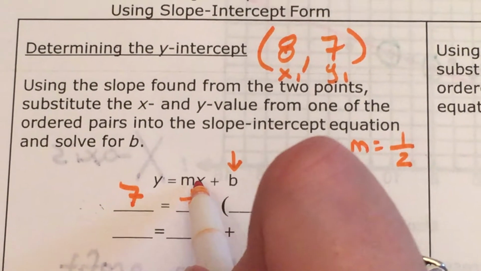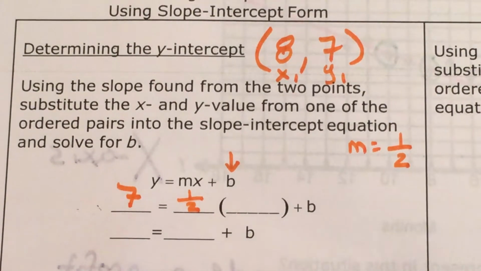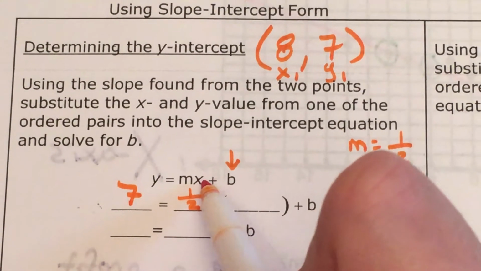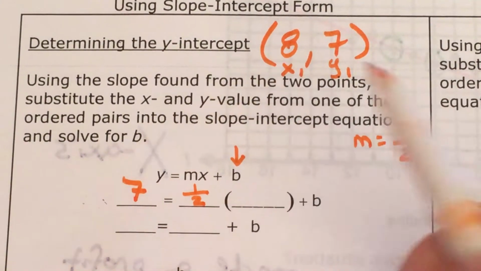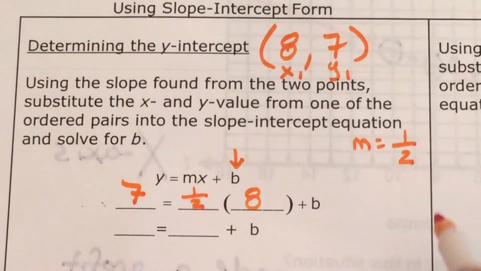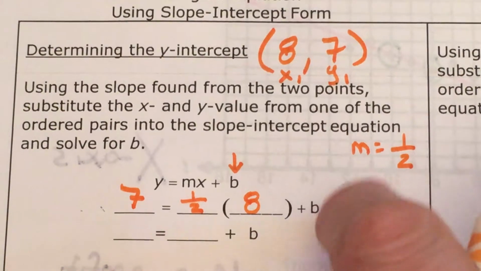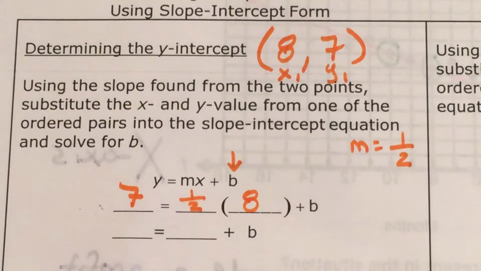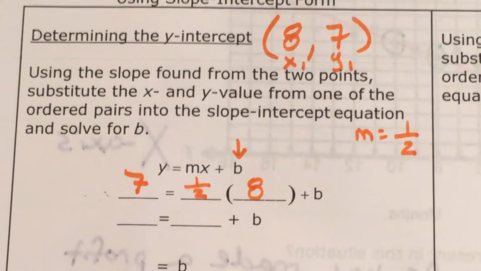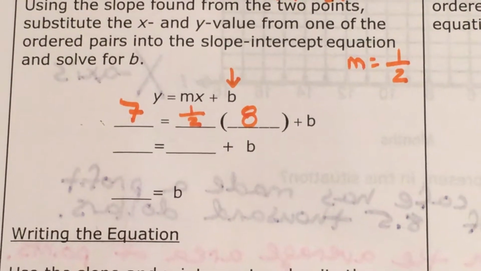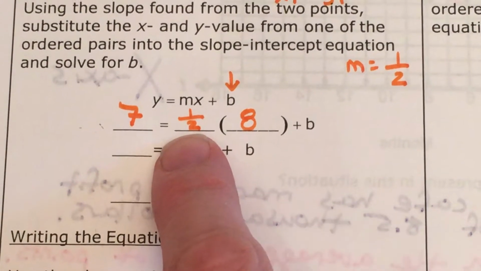Remember, a letter and a letter side by side are multiplying. This x is that x, 8, plus b. And we're going to leave b as a letter so that we can go search for it and find it. All right, so order of operations, let's multiply.